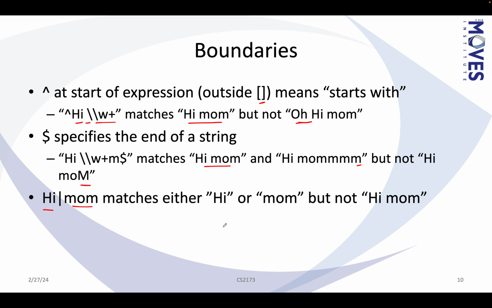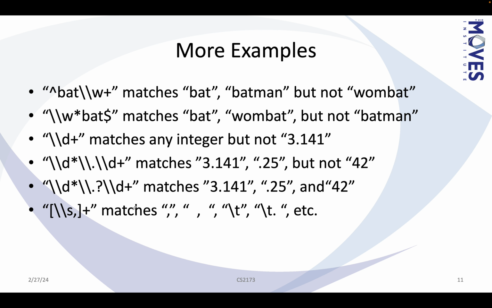Here again, just a specific string without any of these other weird characters is a regular expression, but it says match this exactly. So this has to match HI exactly or MOM exactly. And you can have more than one of these. You can string them out.